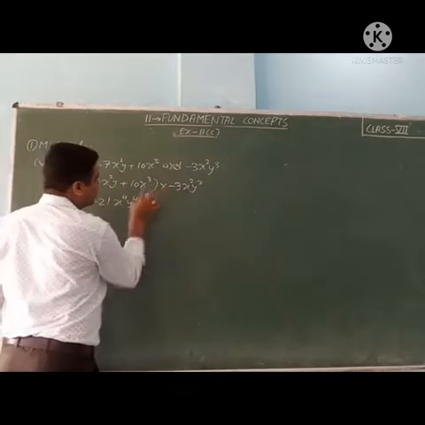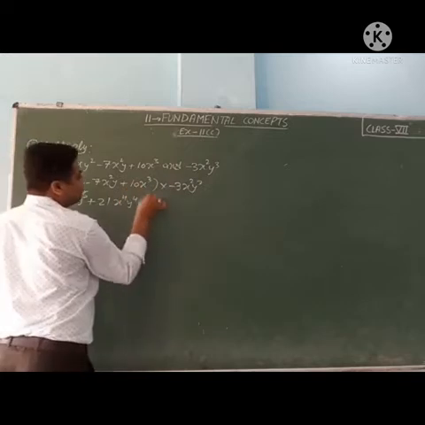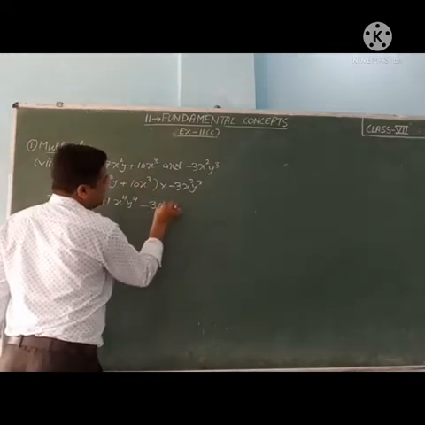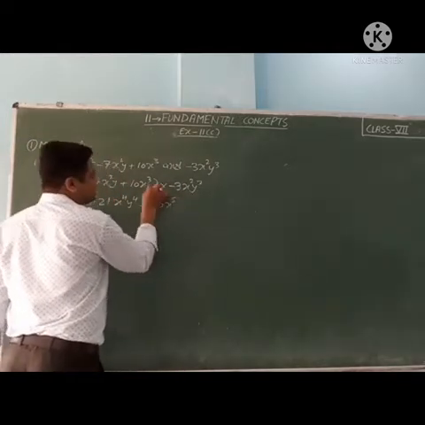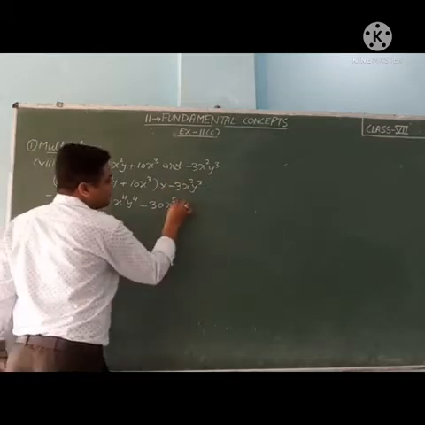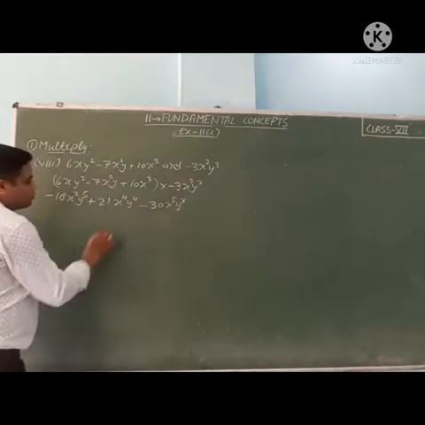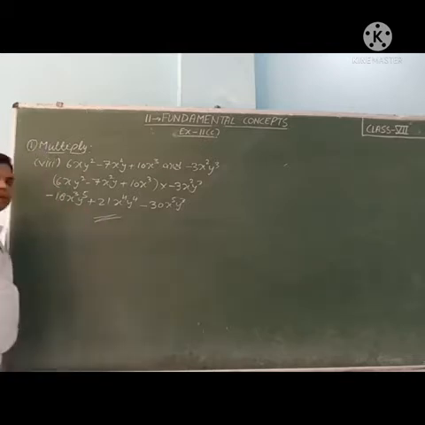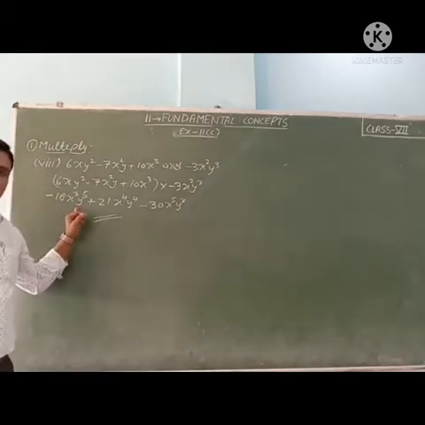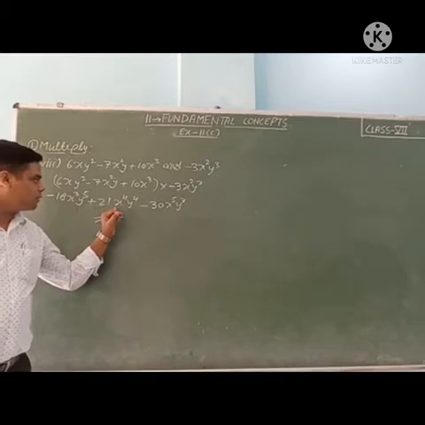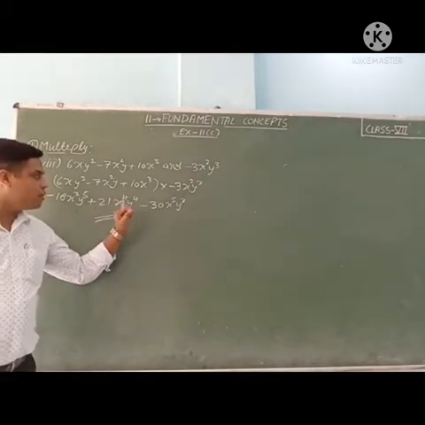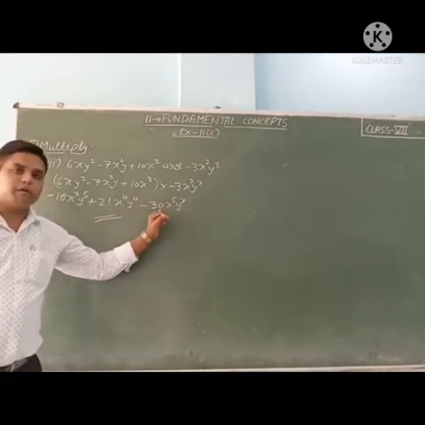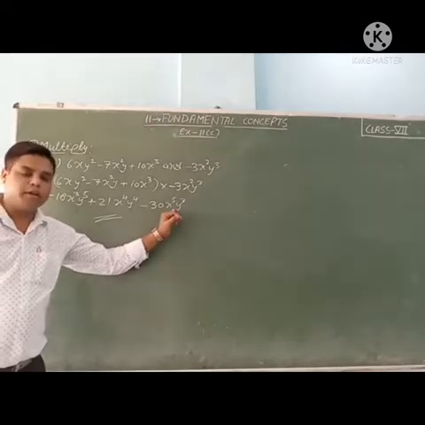Then plus minus minus, 10 times 3 is 30, x raised to the power 5, 3 plus 2 is 5, then y raised to the power 3. So students, the answer is minus 18x cubed y raised to the power 5 plus 21x raised to the power 4 y raised to the power 4 minus 30x raised to the power 5 y raised to the power 3.